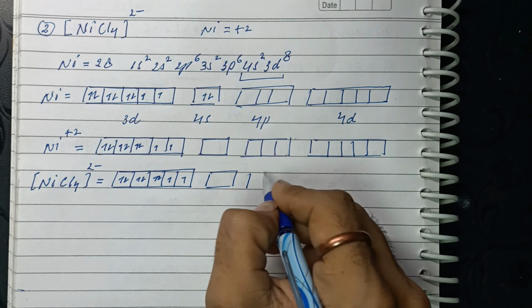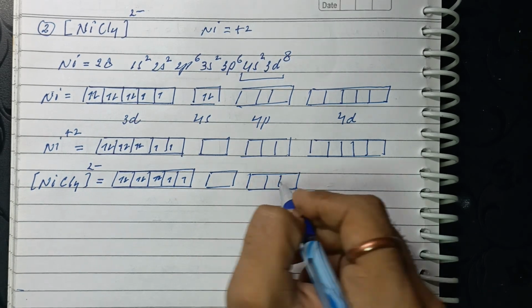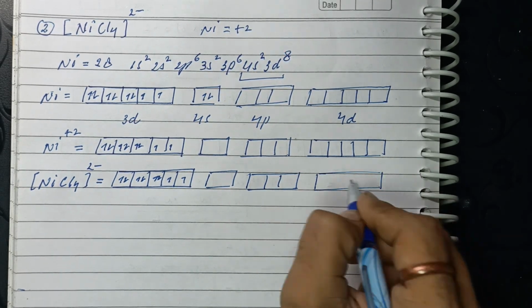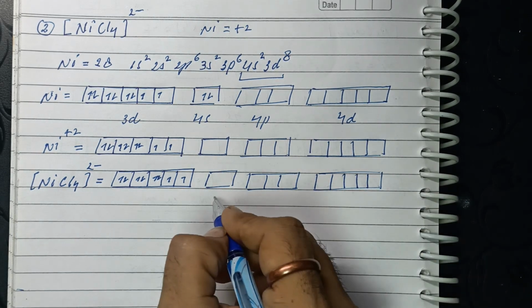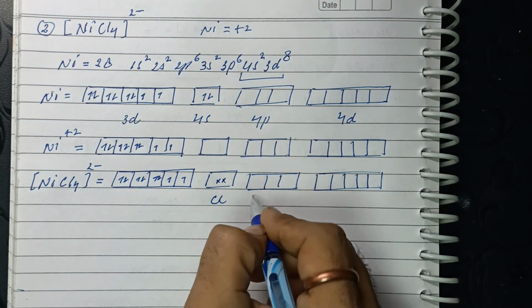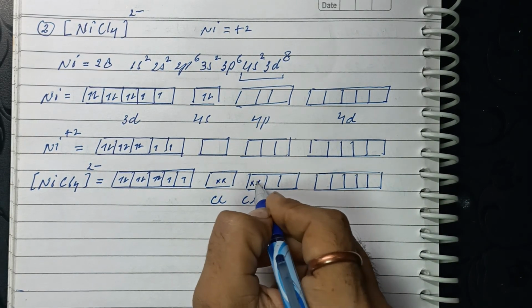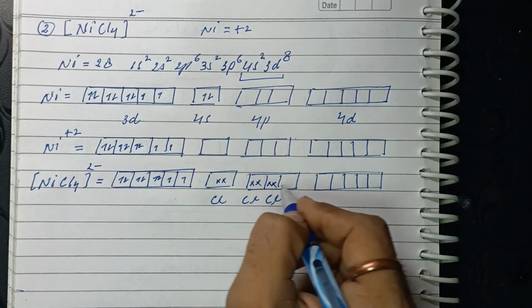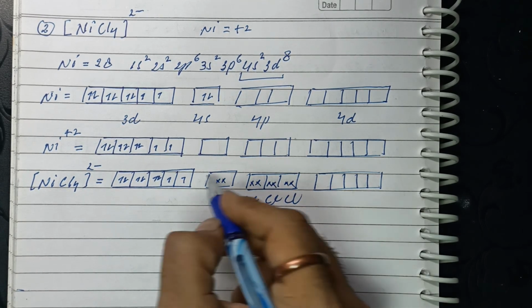Now we will have to fill the lone pairs in these vacant orbitals. Cl lone pair, lone pair, lone pair and lone pair.